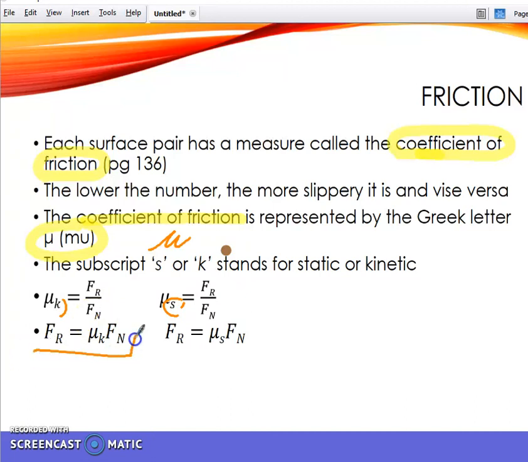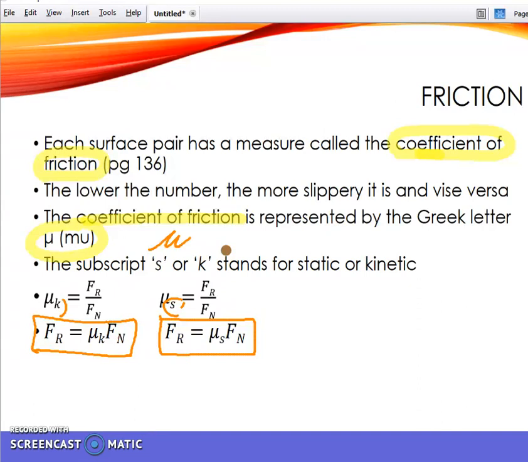This equation right here, this setup, is one that I recommend. Very popular, very easy to use. So all it's saying is that friction is equal to the mu, a predetermined value, times whatever the normal force is. So if you have a mu and you know the normal force, you can find out the friction that's going to take place.